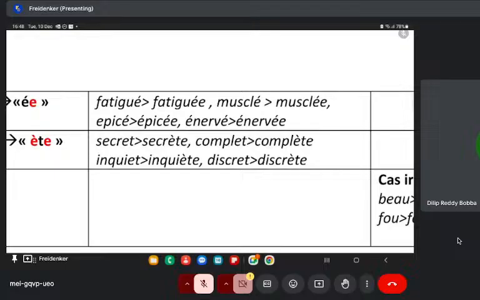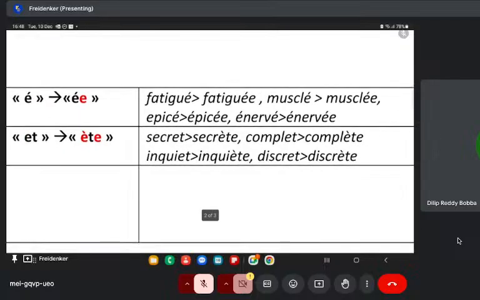And okay, ET becomes ÈTE, but with an accent. So secret becomes secrète. Complet becomes complète. Secret, complète, and inquiet becomes inquiète. It means worried. So il est inquiet means he's worried. Elle est inquiète means she is worried.